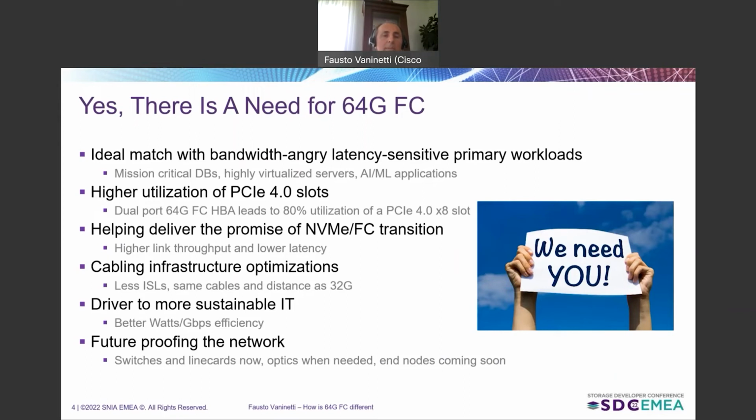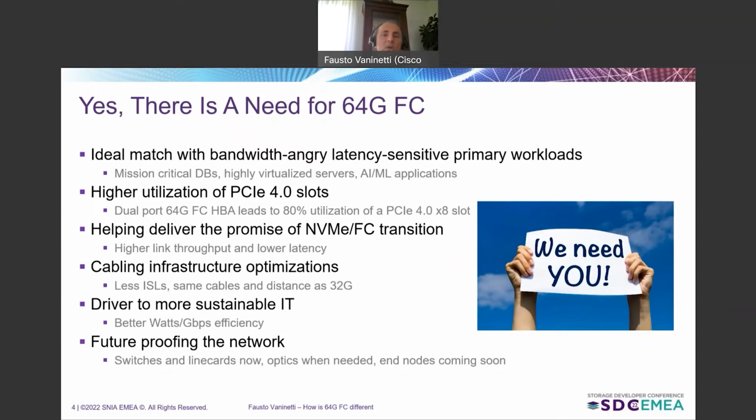In terms of cabling infrastructure, 64 gig Fibre Channel can lead to some optimization. For example, instead of having 10 ISLs running at 32 gig, you could have only 5 running at 64 gig. And 64 gig Fibre Channel preserves the distances that we are used to with 32 gig Fibre Channel.